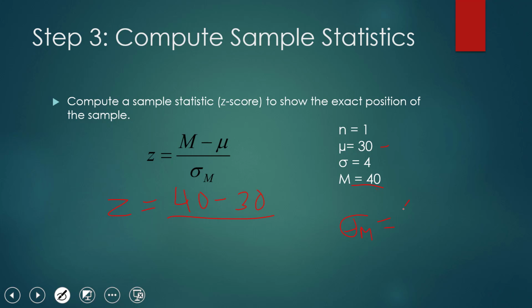We did this for the purpose of making things easy. So it would be over the square root of 1, and obviously that's just going to be 4. So this equals 10 over 4, which equals 2.5.